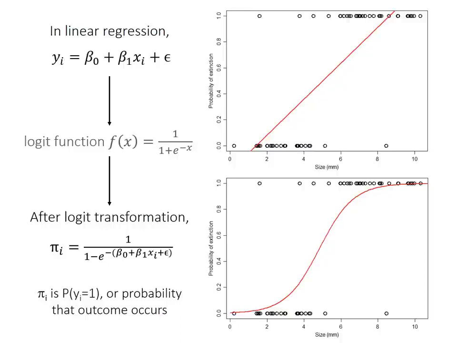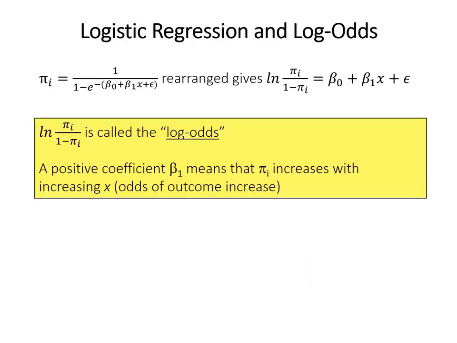So pi i is the probability that y equals 1. And so the regression line now, after transforming it with the logit function to get 1 over 1 plus e to the minus the equation there, is now bound between 0 and 1, which is what we want, this curved regression line here.